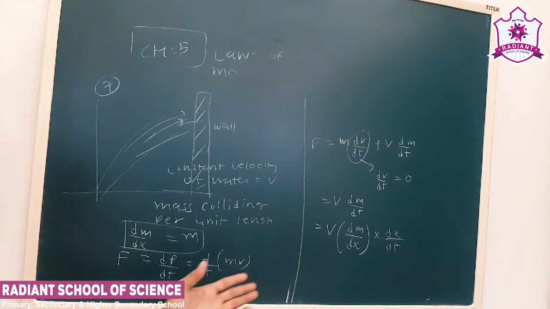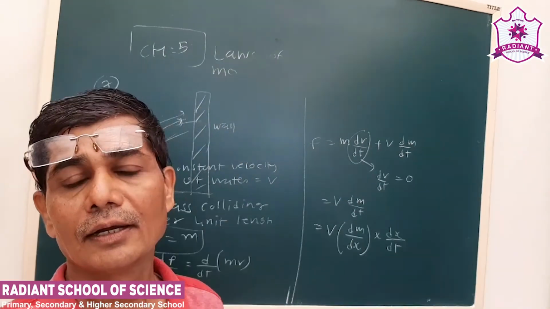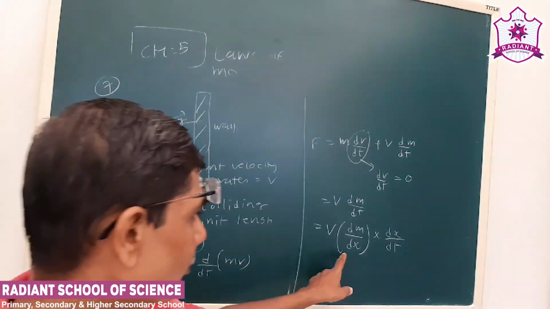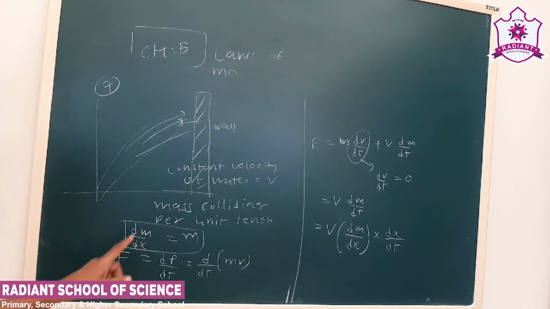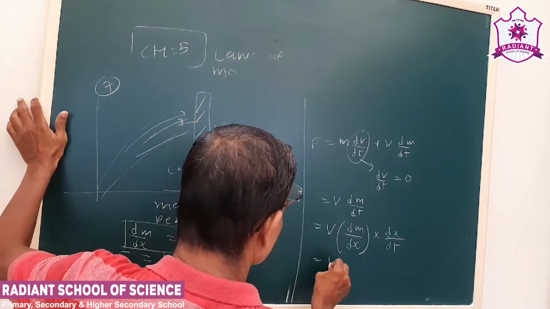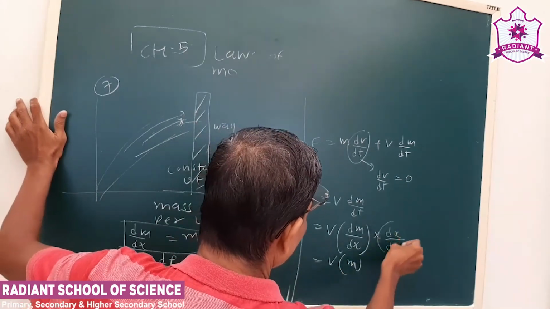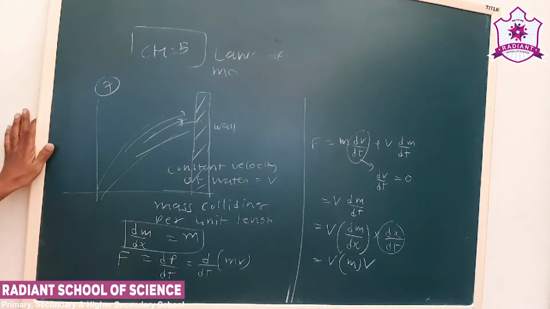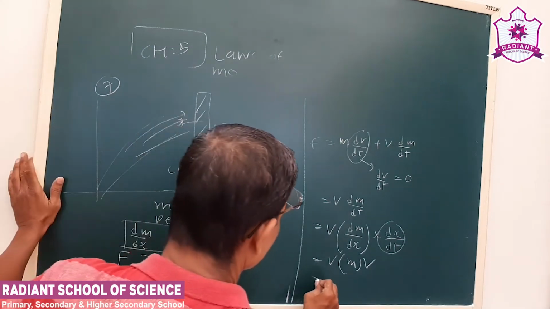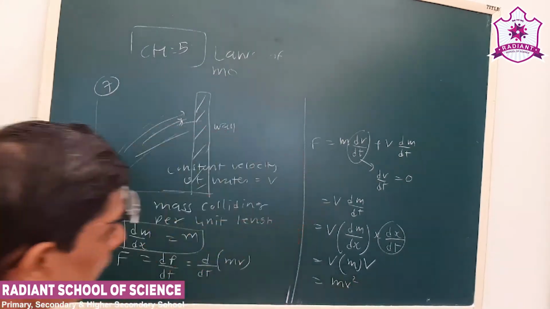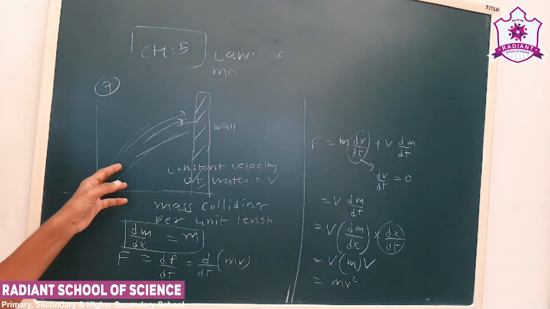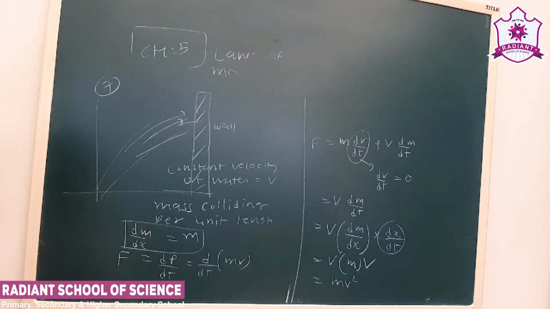Okay, that is again the chain rule of the derivative. So the mass colliding per unit length is given as m, and dx by dt is, you know, the velocity. Okay, so we can write the force exerted on the wall is mv square. Okay, this is how we can solve.